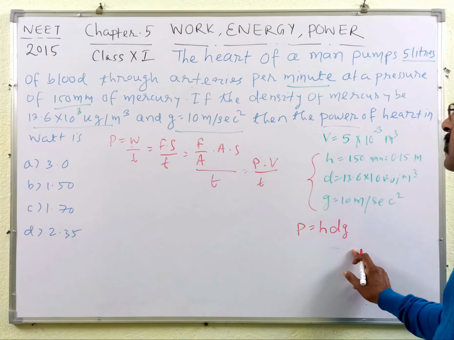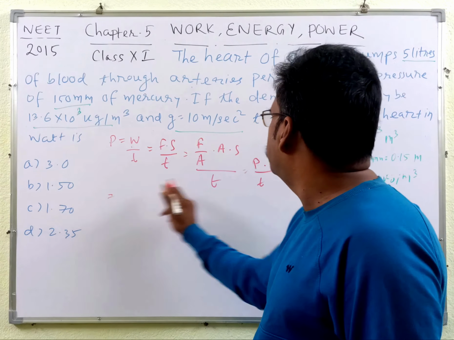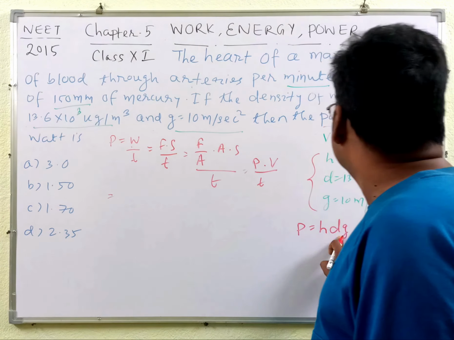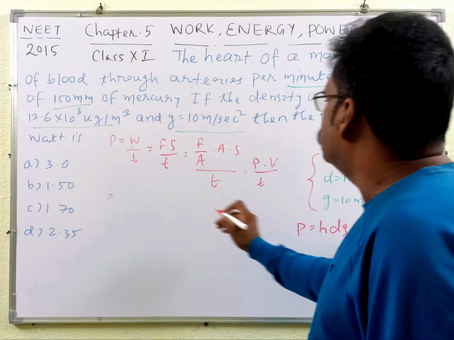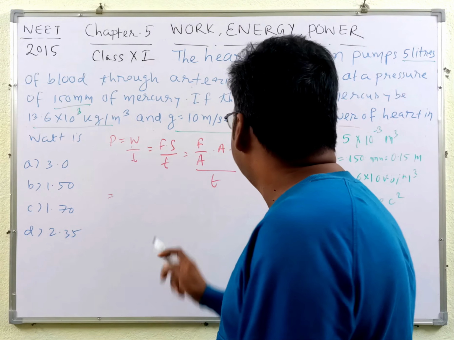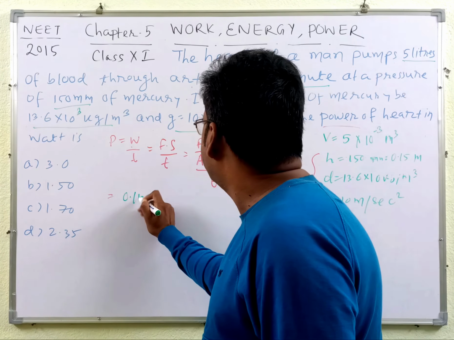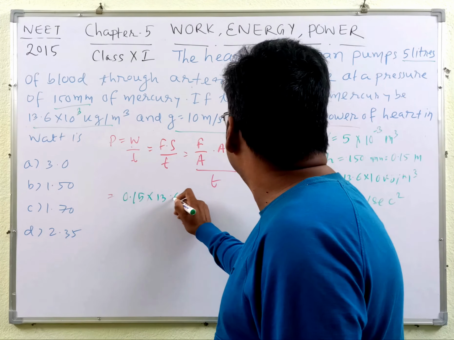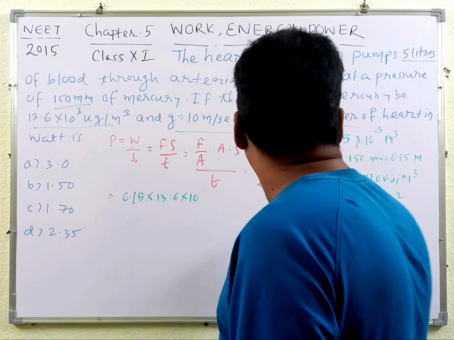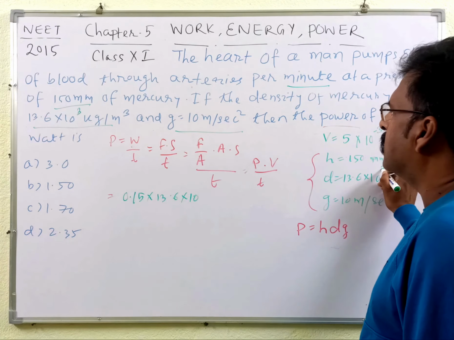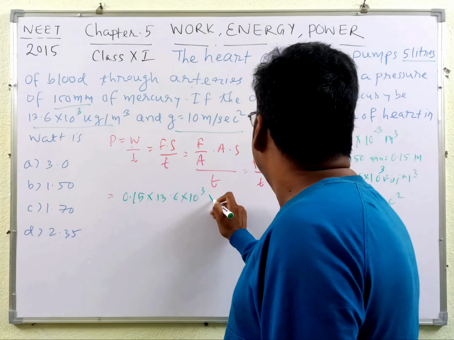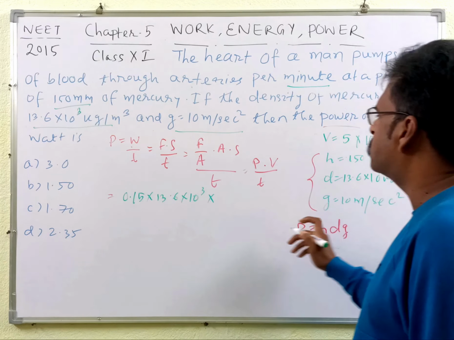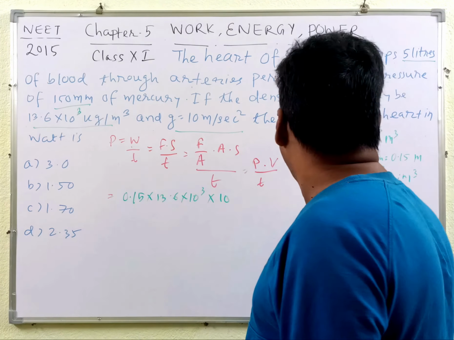Let us calculate, students. So let us put this pressure in place of pressure, we will multiply 0.15 for height. For density we will write 13.6 into 10 to the power 3 kg, and here g is 10 meter per second square.